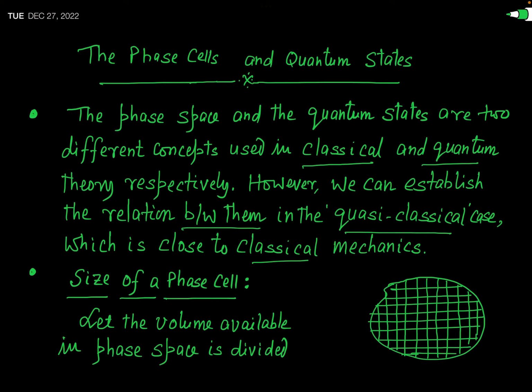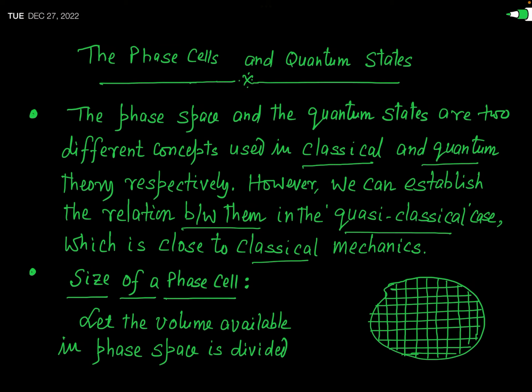So let us consider that we divide the phase space into elementary volumes of equal size, and all those equal elementary volumes into which the phase space is divided, we simply call phase cells. You can see this figure.